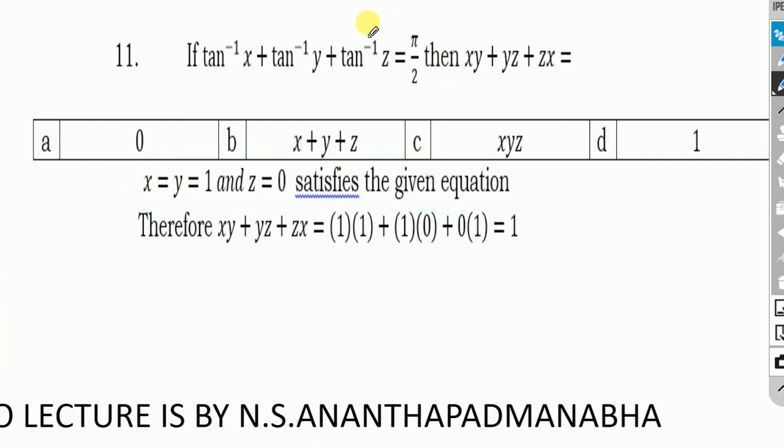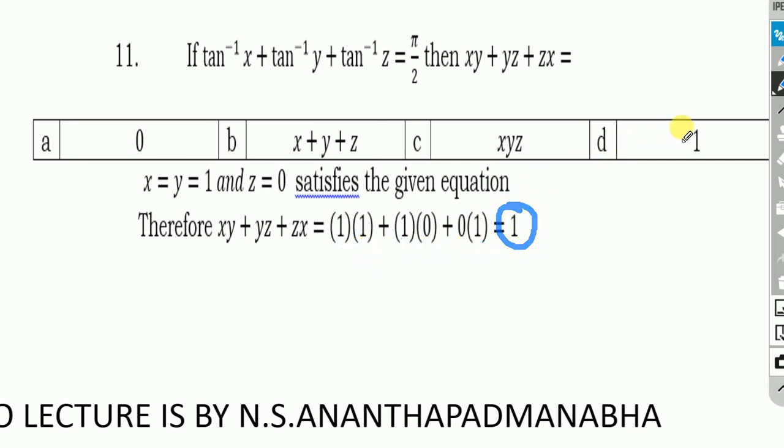So when x equals y equals 1 and z equals 0 satisfy this equation, I can find the value by substituting the values here. That is xy plus yz plus zx is equal to x into y, 1 into 1, y into z, 1 into 0, and z into x, 0 into 1. So that is 1 here, 0, and 0. So the answer is 1.